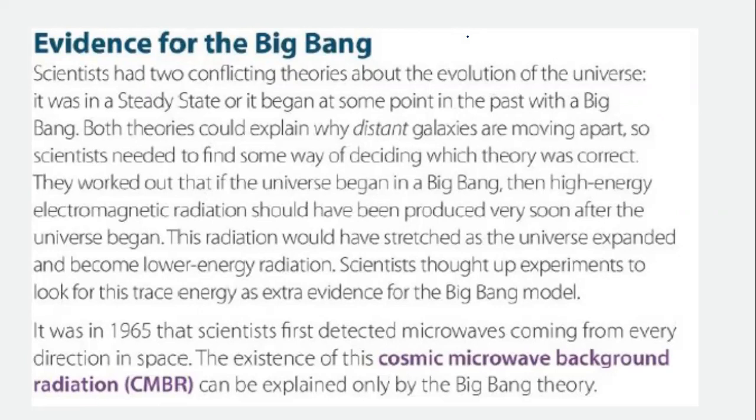So at the start of the Big Bang, high energy electromagnetic radiation would have been produced. But after millions and billions of years, that radiation should have undergone a red shift, turned into a longer wavelength, and become a low energy radiation.